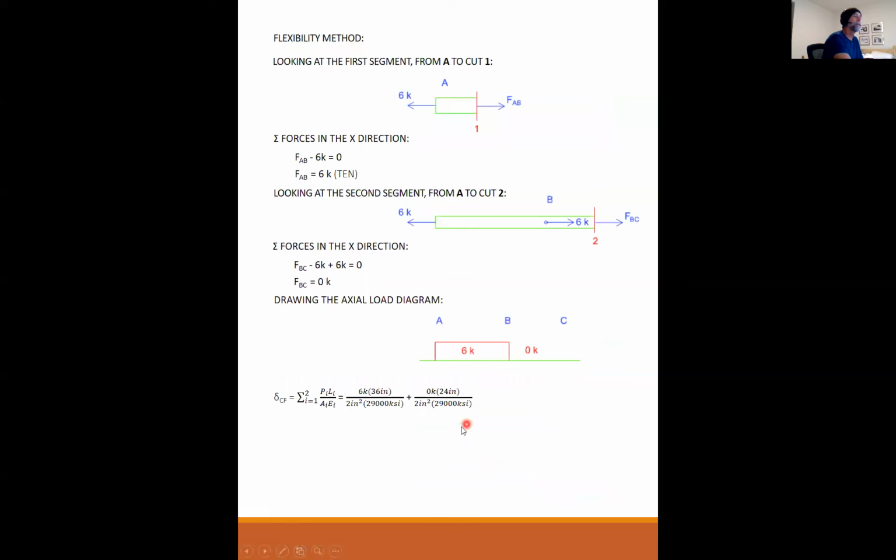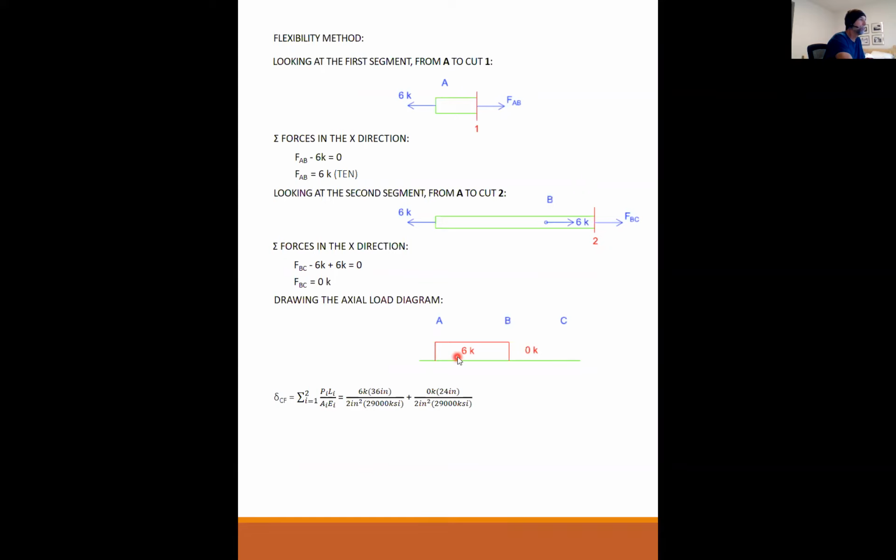Here, right here. I have found that students have been confused about the application of this equation. It may seem straightforward, PL over AE, but this has led to a lot of confusion. Each one of these terms is a segment.